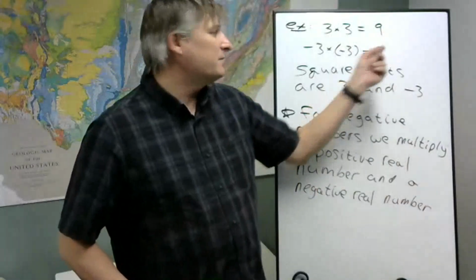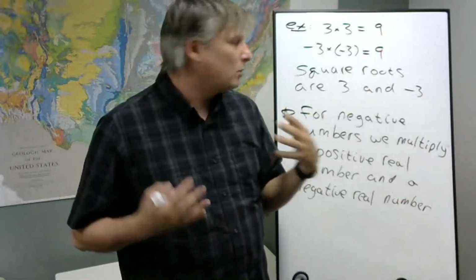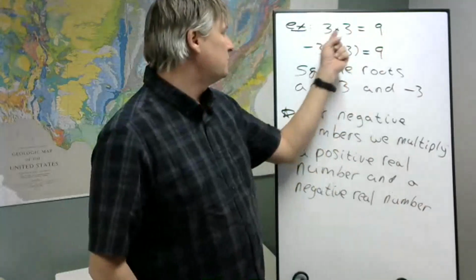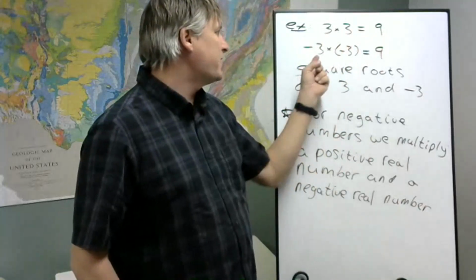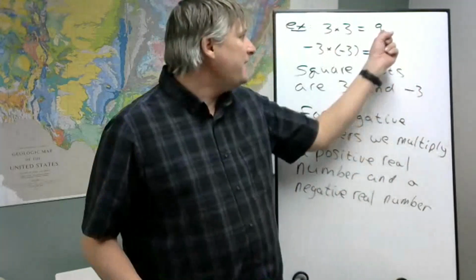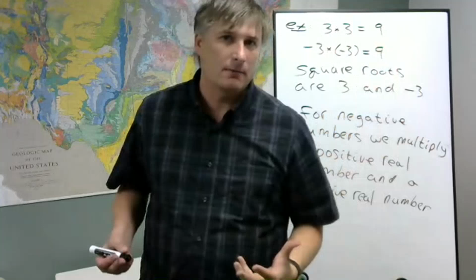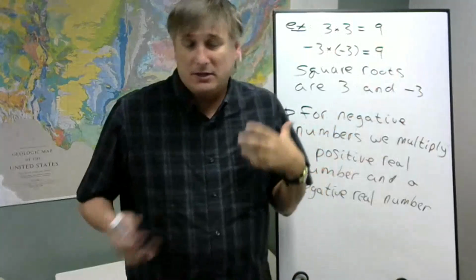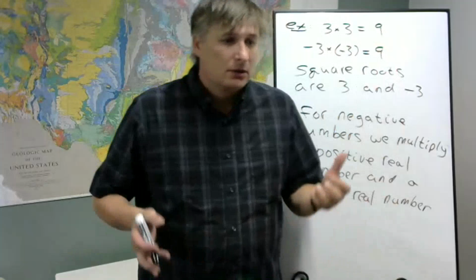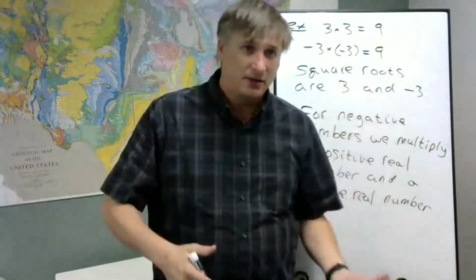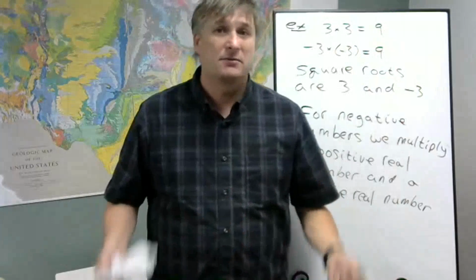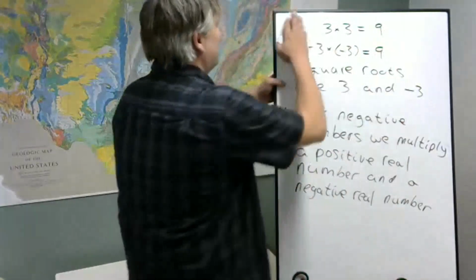So for positive numbers, we can always multiply a number to itself to get the positive number. And it could be a positive with itself or a negative with itself. But if this was negative, we've got a problem. Because negatives, at least with real numbers, we generate them if we're using multiplication by multiplying a positive and a negative, or a negative and a positive. Negatives and positives are different numbers.